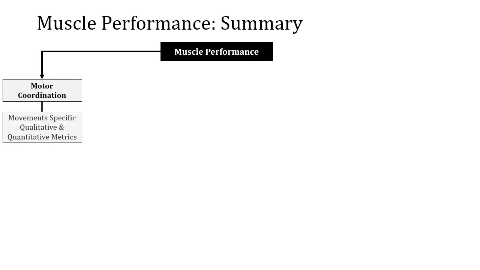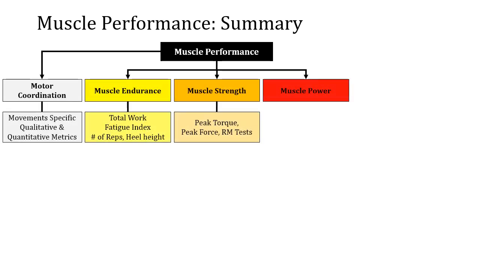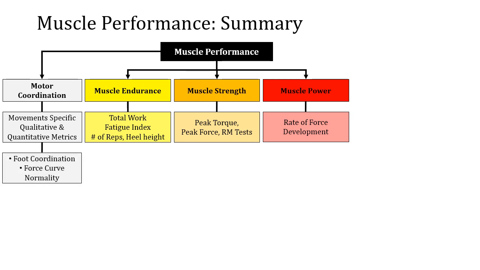Okay, in summary, for muscle performance, we spoke about the multiple different constructs: motor or muscle coordination, endurance, strength, and power. We spoke about the different metrics that we could utilize and capture for each of these constructs. And then we spoke about, under each one, whether we're measuring the foot and/or the ankle.